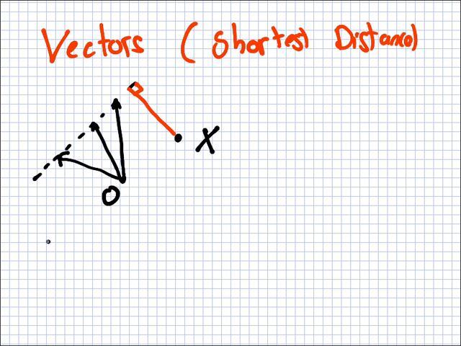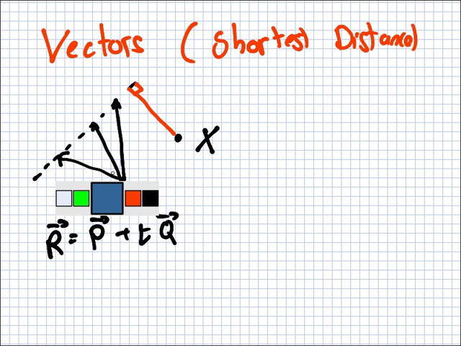So I'll call this line r equals P plus tQ. I'll just write it like that for this line here. Okay, so if I want this distance here, it will be good to find this one here. And we could find that.